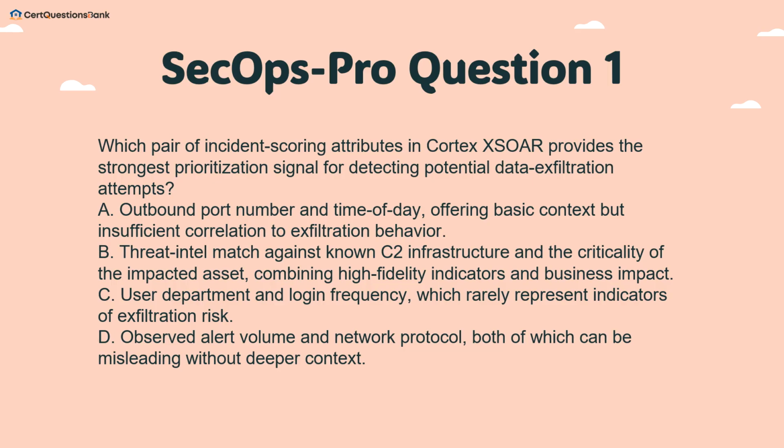B. Threat intel match against known C2 infrastructure and the criticality of the impacted asset, combining high-fidelity indicators and business impact. C. User department and login frequency, which rarely represent indicators of exfiltration risk. D. Observed alert volume and network protocol, both of which can be misleading without deeper context.